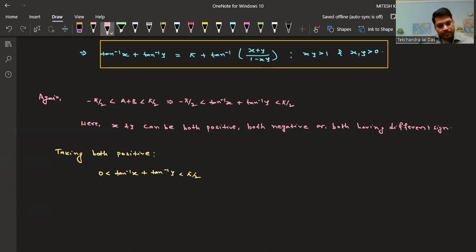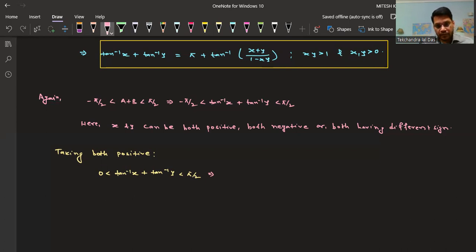If tan inverse x and tan inverse y are both positive, then definitely this is greater than 0. So this is an obvious inequality, greater than 0. And this is limiting, tan inverse x plus tan inverse y can go up to pi also. So this is the limiting inequality.